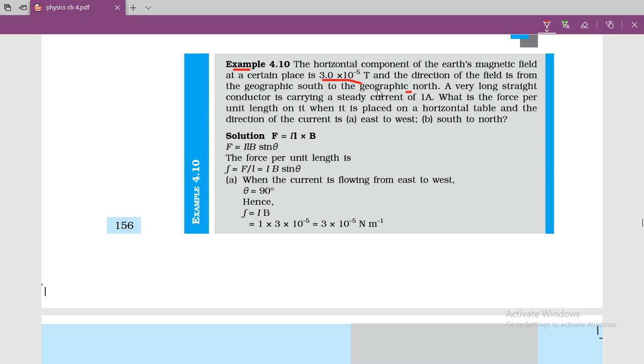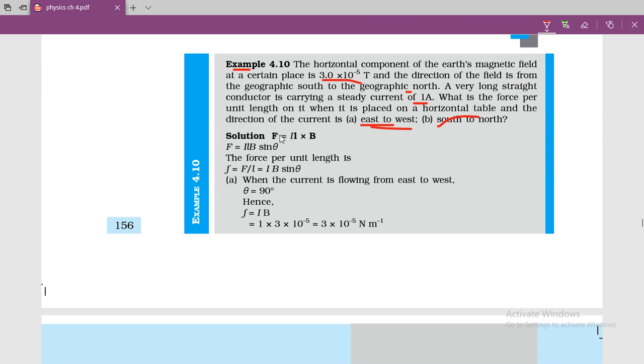A very long straight conductor is carrying a steady current of 1 ampere. Then what is the force per unit length on it when it is placed on a horizontal table and the direction of current is east to west and south to north? So let us see the first case where it is east to west.